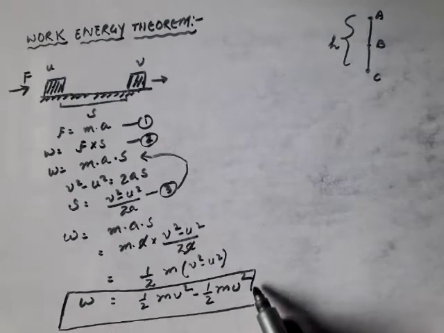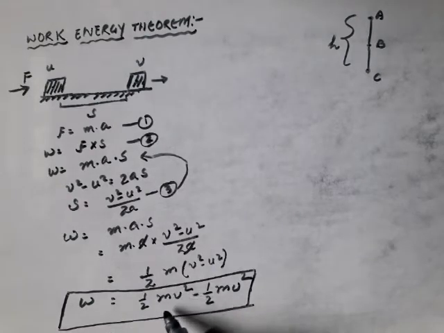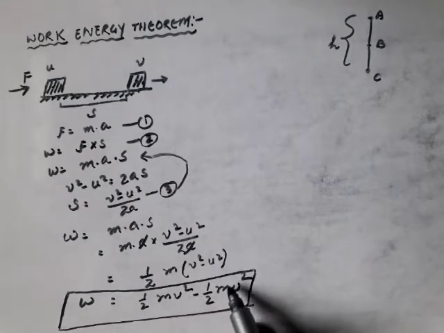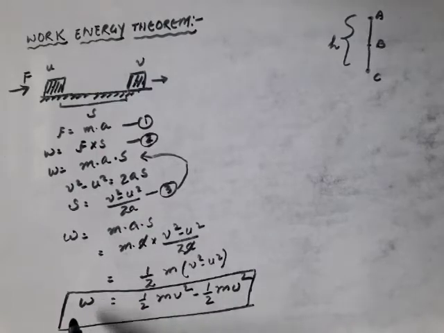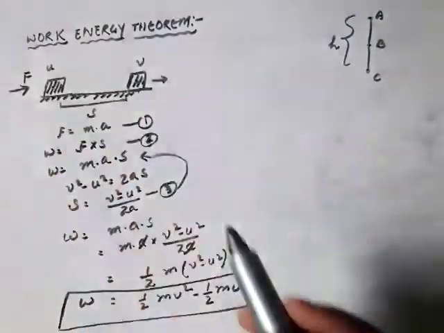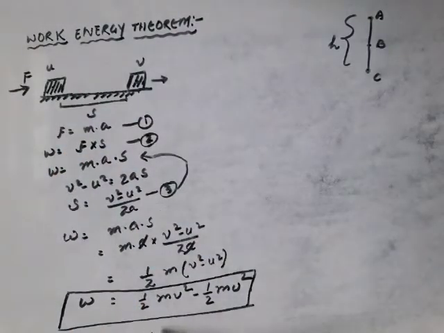So this is the kinetic energy of the final velocity minus the kinetic energy of the initial velocity, and this difference is equal to the work done. So this is the work energy theorem. This is the required expression for the work energy theorem.